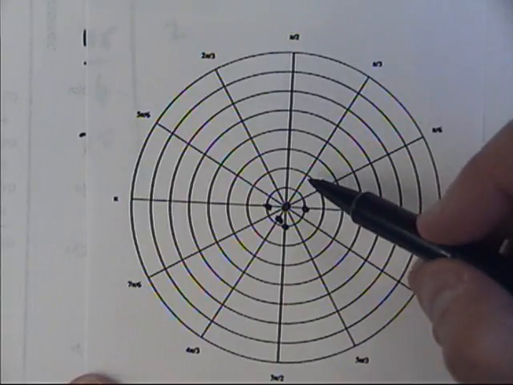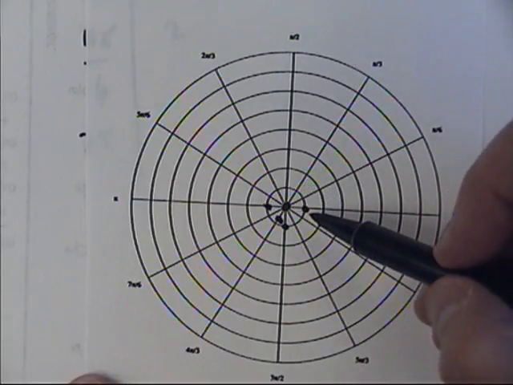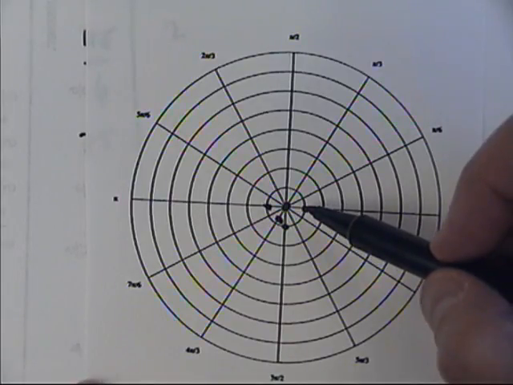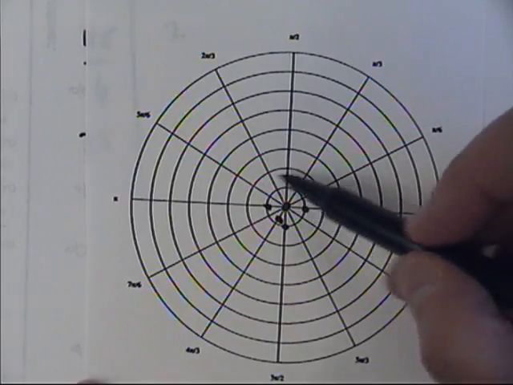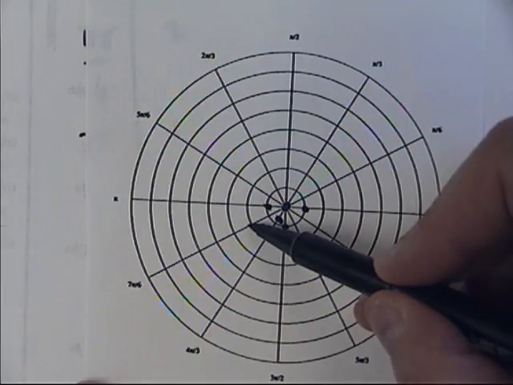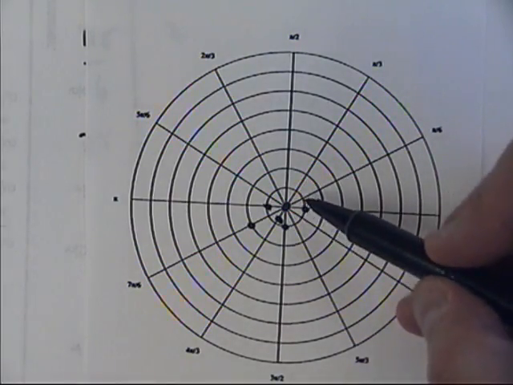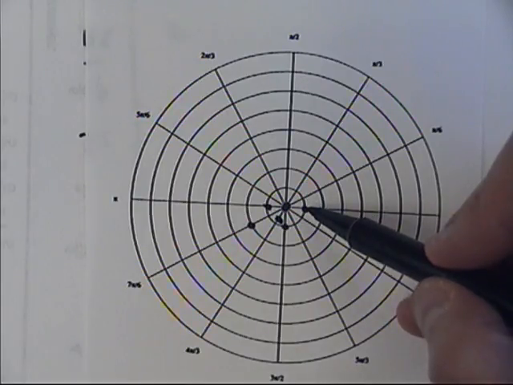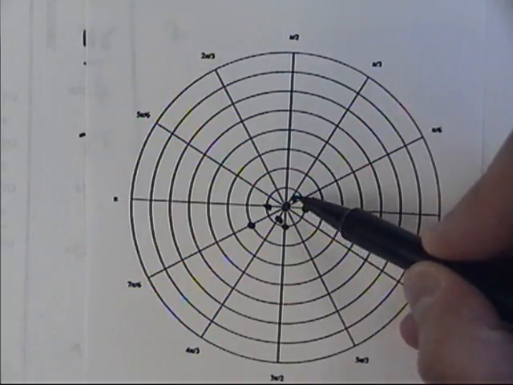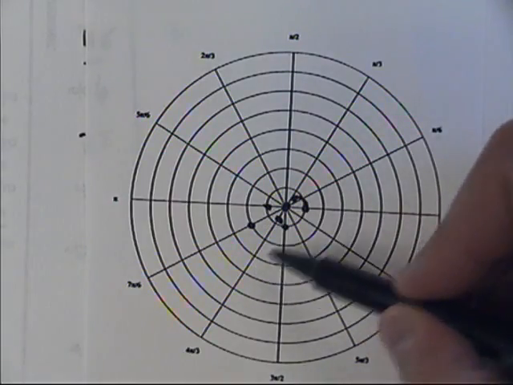Okay. And then 7 pi over 6 and 2 would be here. And basically what we did so far is I believe we did this, and then we're coming around again, but we'll see.